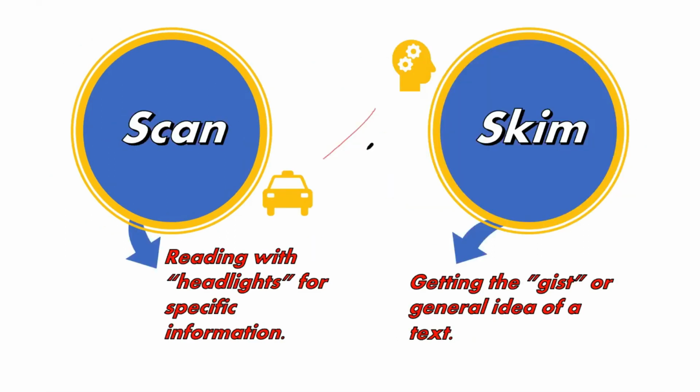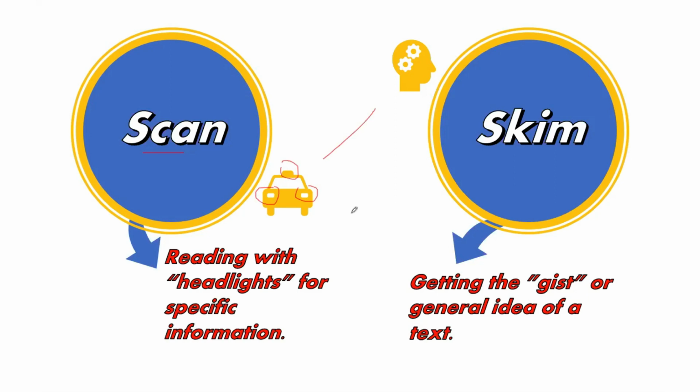Okay, so I have separated this page into scan and skim with some very helpful images that I always think of when I think of these 2 strategies. Let's start with scanning. Basically, if you are scanning, I want you to think about it like you are reading with headlights. If you're driving at night or in the evening, you have to drive with your headlights because you have to see things.